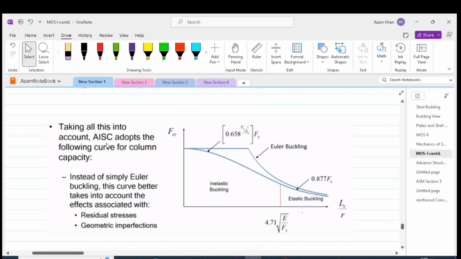The code of practice normally gives another curve which takes these effects into account and gives a modified curve.